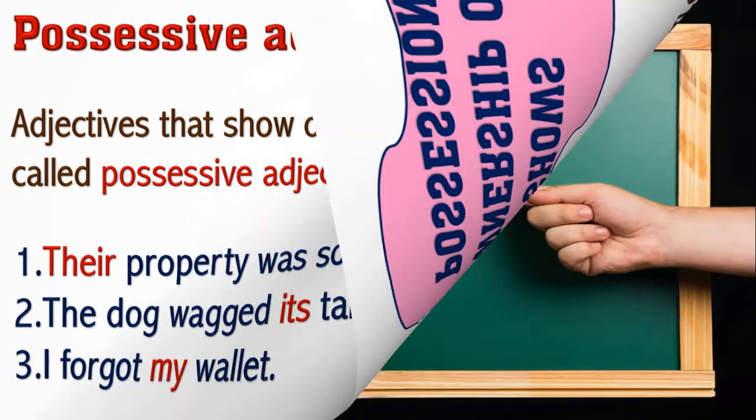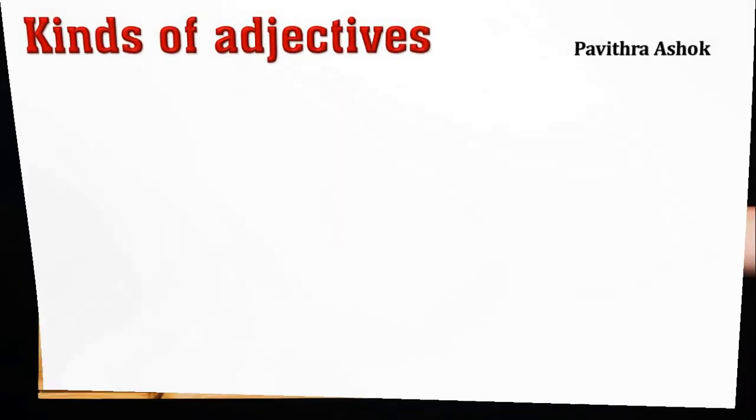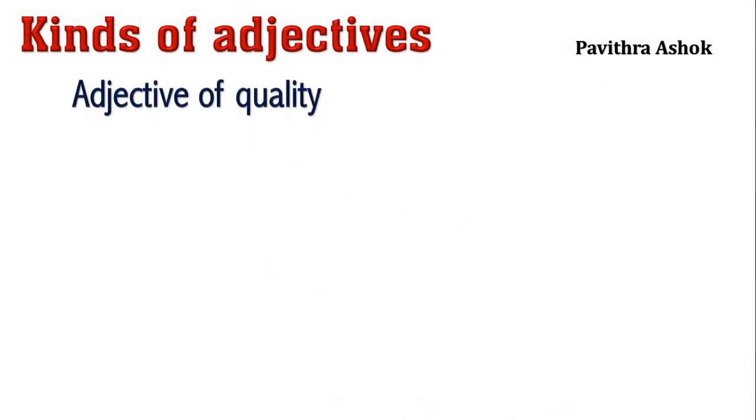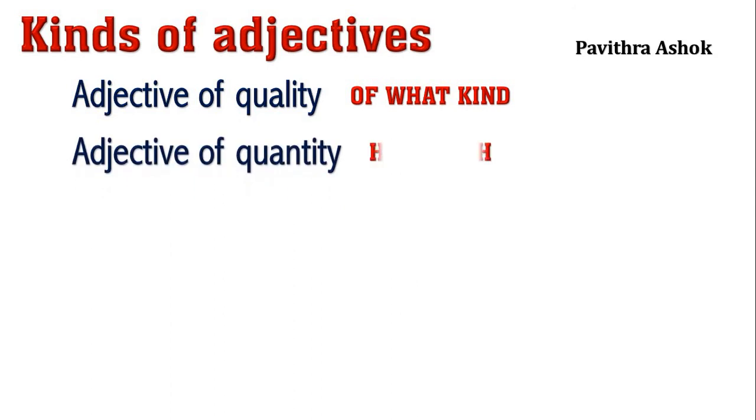I hope you all have understood kinds of adjectives. The 6 kinds of adjectives are: adjective of quality, which describes the quality of a noun and answers the question of what kind. Adjective of quantity, which tells us how much of the thing is meant or intended, and answers the question how much.